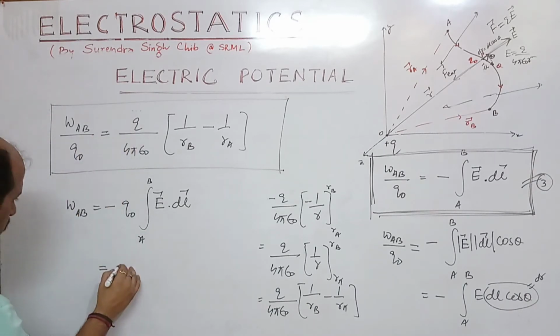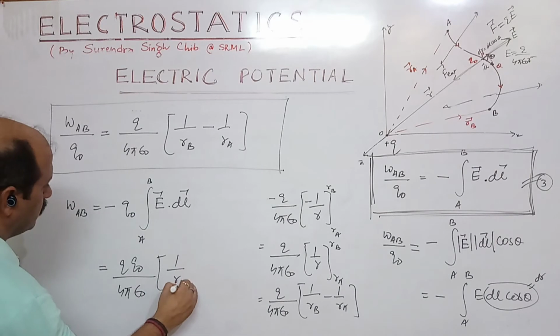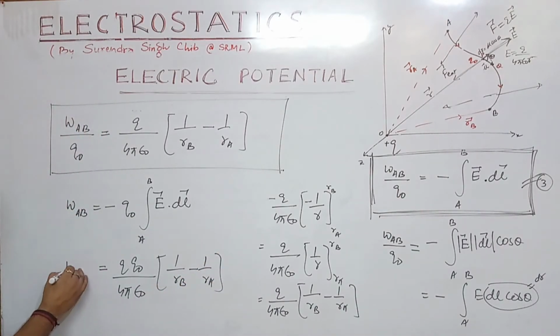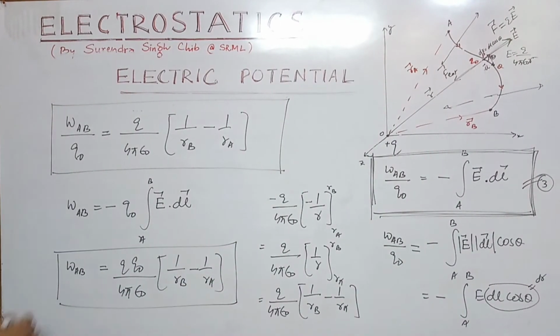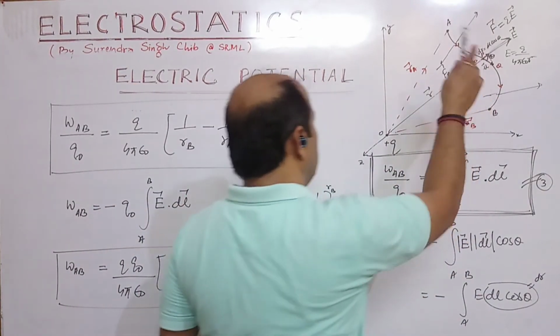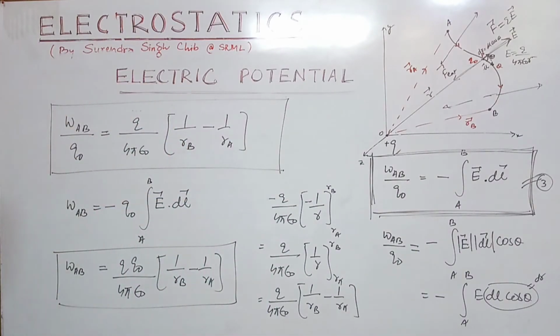Q naught upon 4 pi epsilon naught, 1 upon RB minus 1 upon RA. This is the work done in moving a test charge from any arbitrary point A to B whose position vectors are RA and RB.